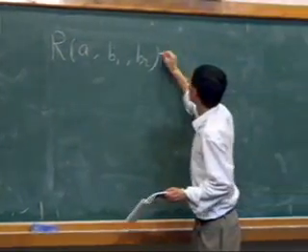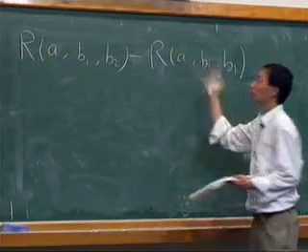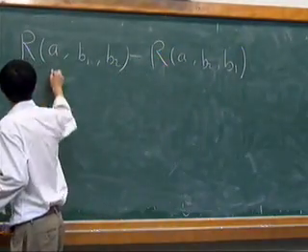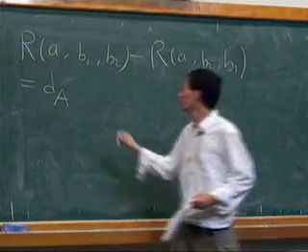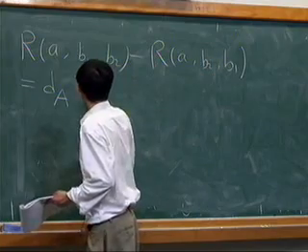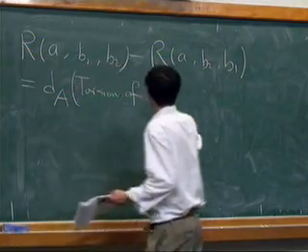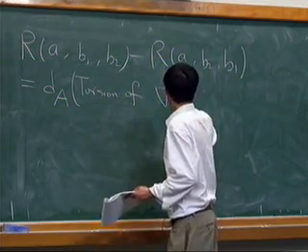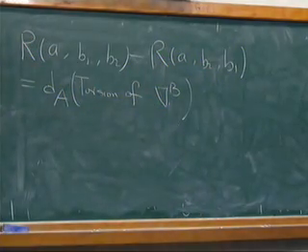So one can easily see that if you switch B1 to B2, the two arguments, this is a coboundary of dA and the torsion class, the torsion of the connection of B. So therefore, automatically this is symmetric.